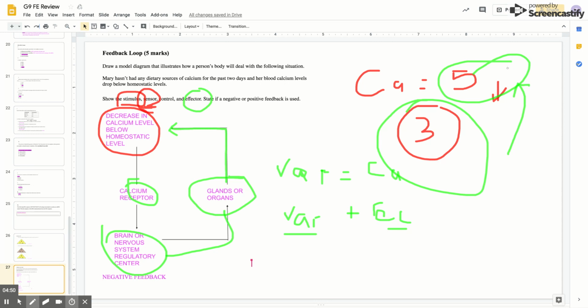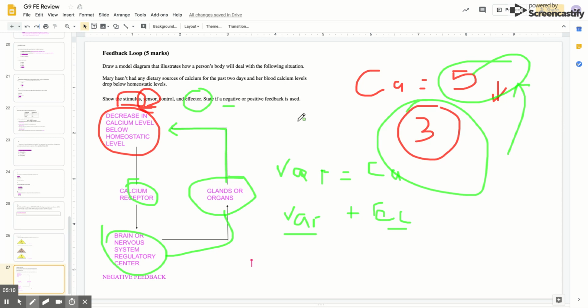Now, always a very key way to know whether it's a positive or negative feedback is this: if you're trying to return back to homeostasis, it's always going to be a negative feedback. If you're trying to amplify something, it's always going to be positive feedback. So homeostasis means balance.